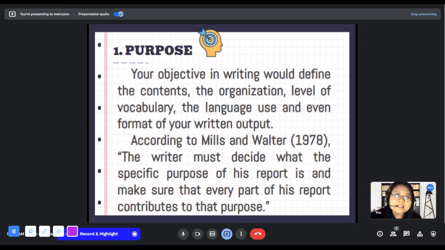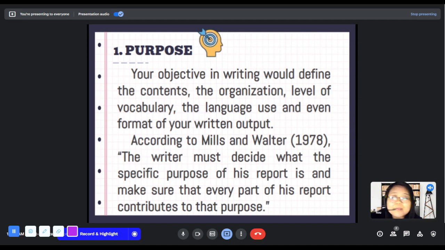When we say simplicity, meaning you have to show your readers standard academic language, a language that they can easily understand. Again, we are not writing for ourselves, not writing to show off our vocabulary, but we want to inform other people, and we can only do that when they can understand what we are trying to tell them.